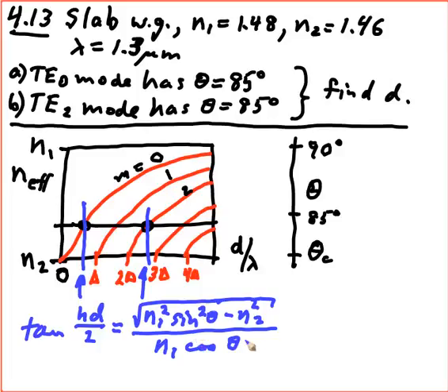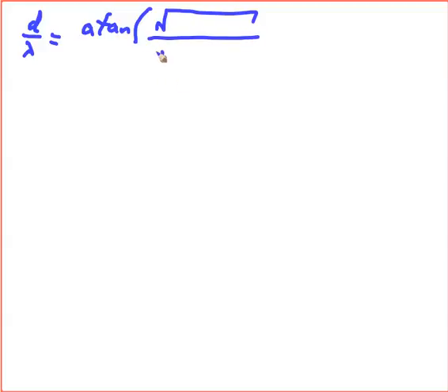And we've done that before. I'll make a new page here to do that. d over lambda is given in terms of theta as the arctangent of that same square root divided by n1 cosine theta, and this whole arctangent is divided by pi n1 cosine theta.